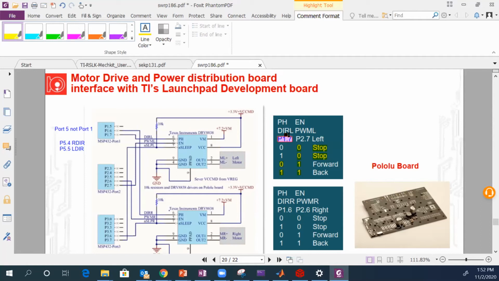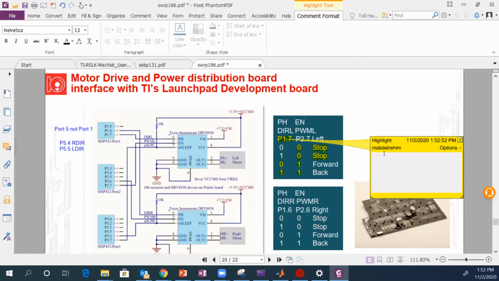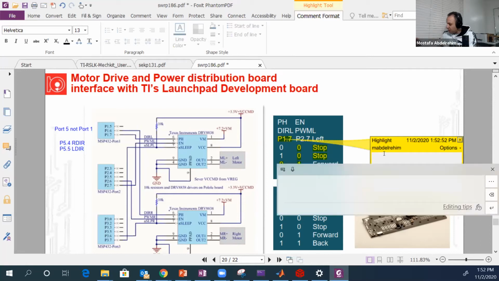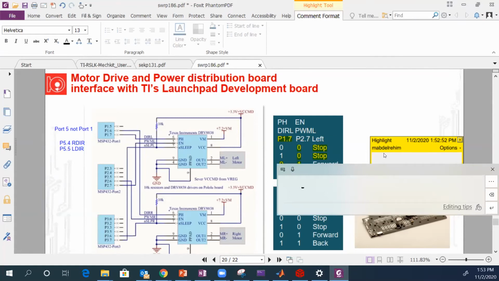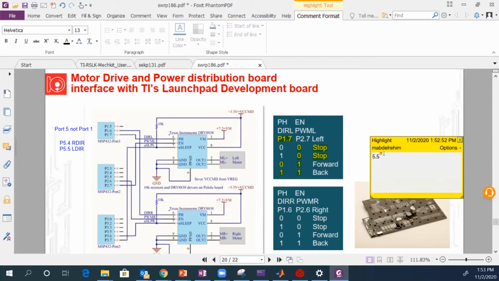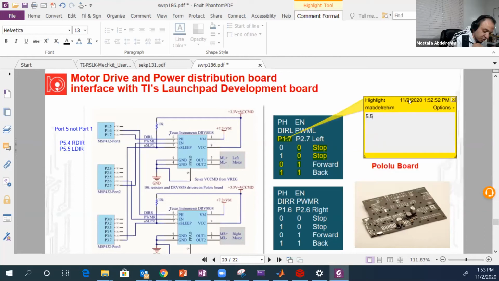Professor? Yes. For the enable, would it still be port 2 for both of them? Let me correct this for a moment. We can write here 5.5. Good. Yeah, what's your question? For the enable, would it be port 2, or would it change?